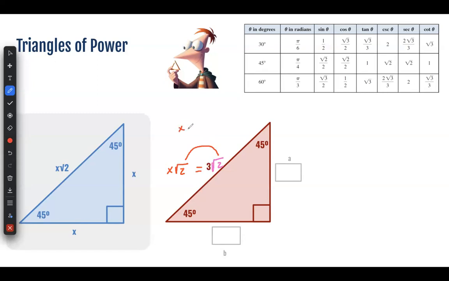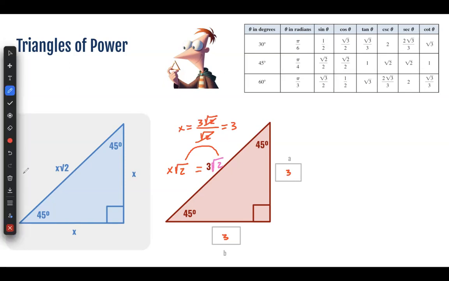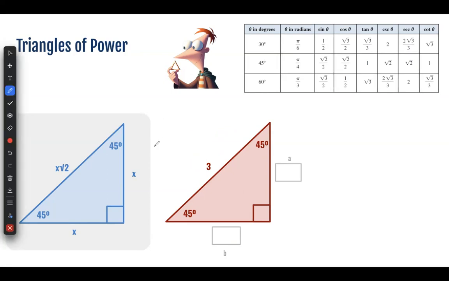If we solve for x, we're going to have 3 times the square root of 2 over the square root of 2, and the answer would be 3. So the meaning of that is that those two sides would be 3. Once again, very simple to approach whenever the values are easy to spot.